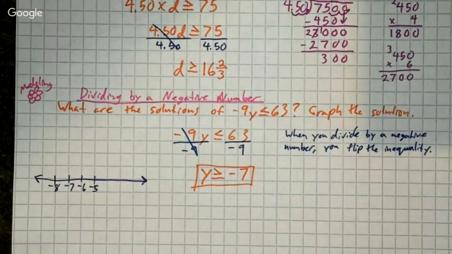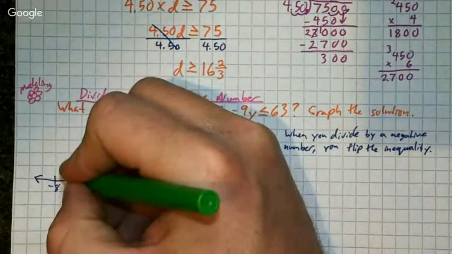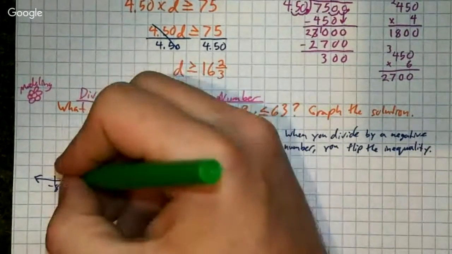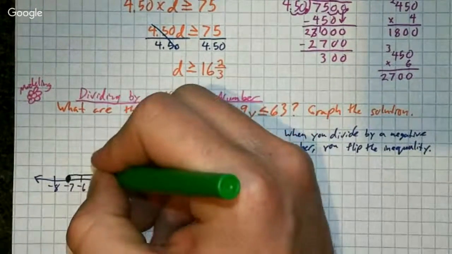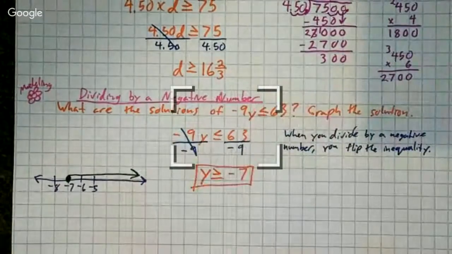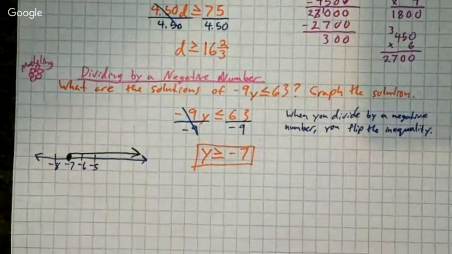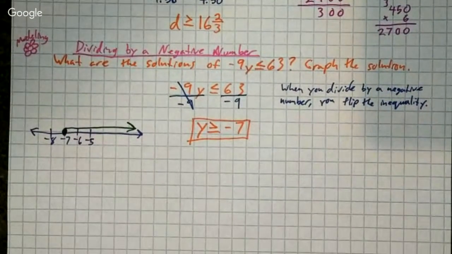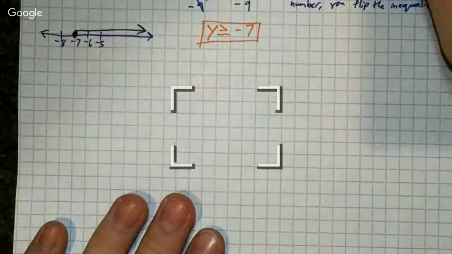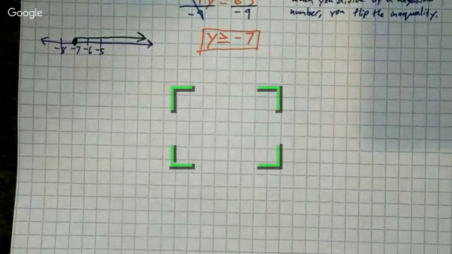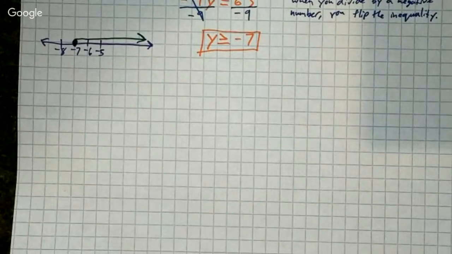If we look at this, negative 7 can be a solution, so we put the filled in dot, and then we're saying y is greater than or equal to it, so we can go in that direction, greater than. So there we go, we flipped our sign, we did everything correctly. You just need to make sure you keep each of those things straight and correct in your mind. So that's why you want to have good, nice notes to help you out with that.